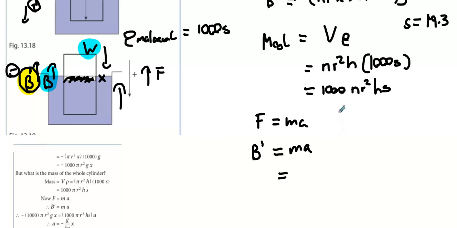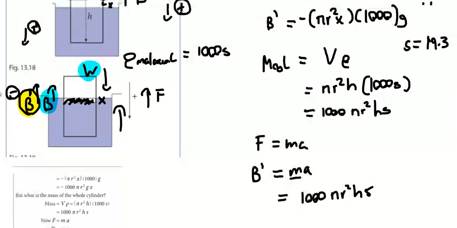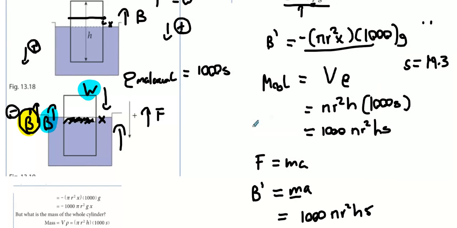So remember, mass is this one here, the mass of the entire cylinder, which is 1,000 pi r squared hs. And then the B dash, which we had up here, minus 1,000 g pi r squared x.